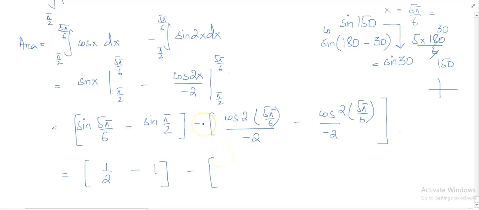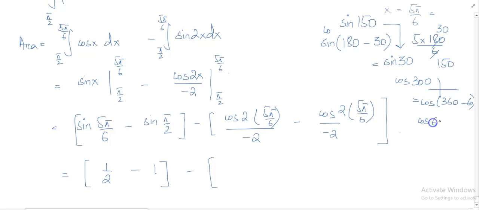Similarly, if I want to find this out, it is going to be cos of 5 pi by 3. Multiplying that, it becomes 5 into 180 divided by 3, which is equal to cos 300. Now I will write cos 300 as cos of 360 minus 60 degrees.